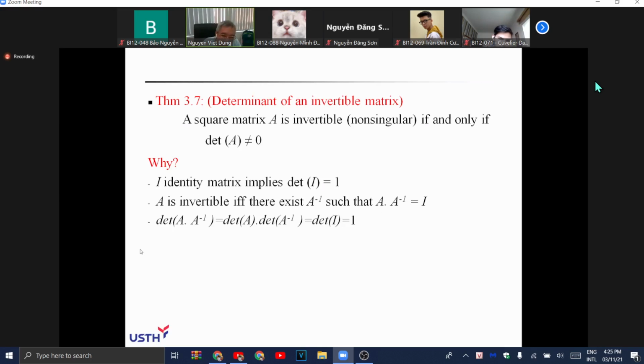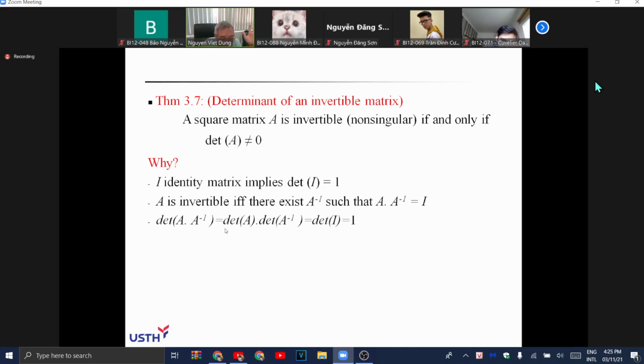On the left hand side, it is the determinant of the product of A and A inverse. And because that is the determinant of a product, it will be the product of two determinants, the determinant of A multiplied by the determinant of A inverse. It must equal the determinant of the identity, and that determinant of the identity is 1, as we know already.